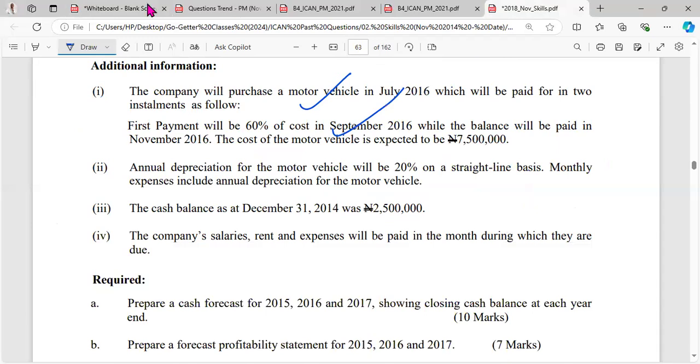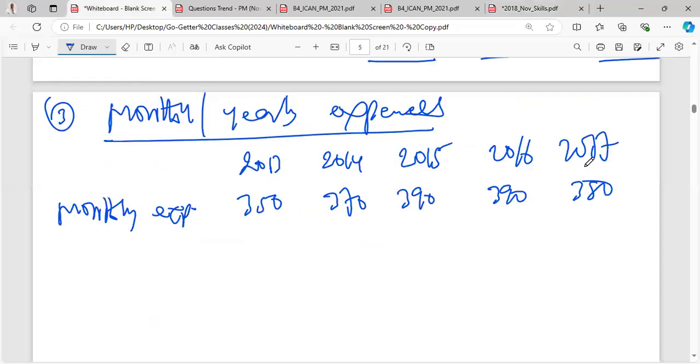So it means everything here is paid in the month they are due.